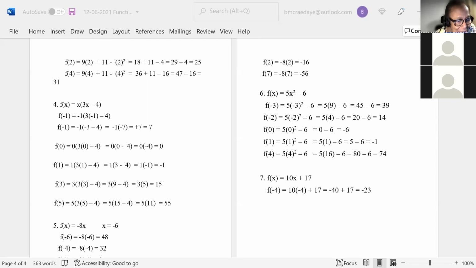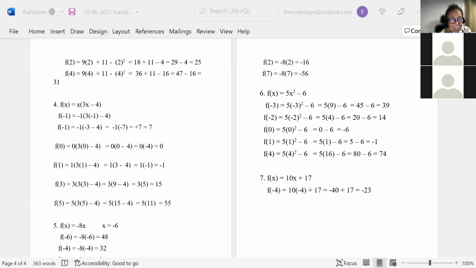Okay. Now, I want you to look at the mapping. Look at these maps and tell me, yes, it's a function. No, it's not a function. Look at number 1. Does 1 represent a function? Okay, I'm lost. Where are you guys at?